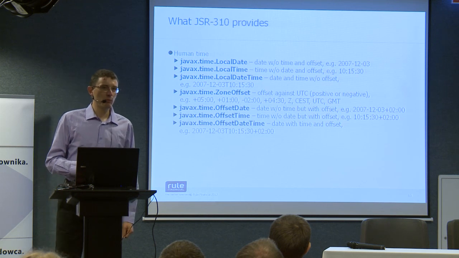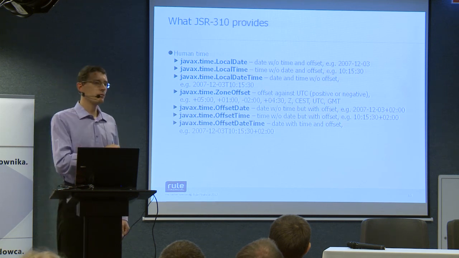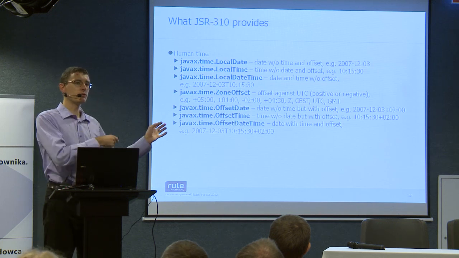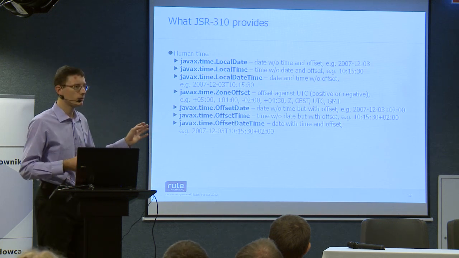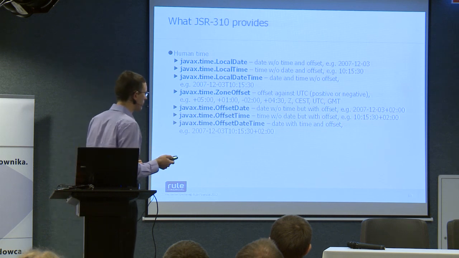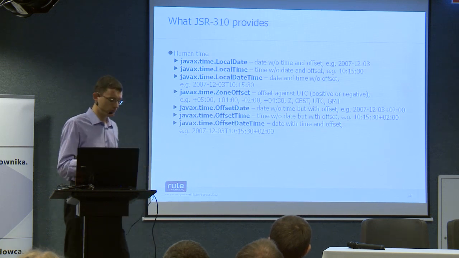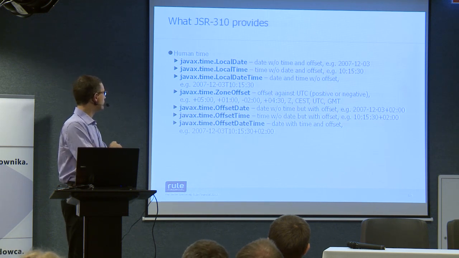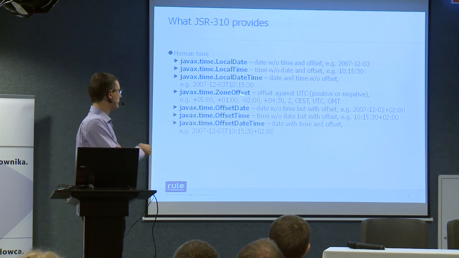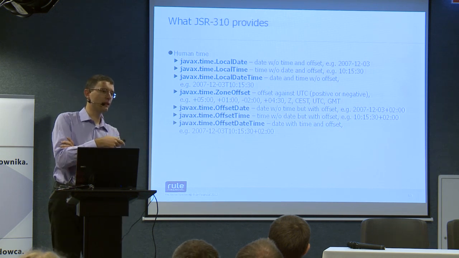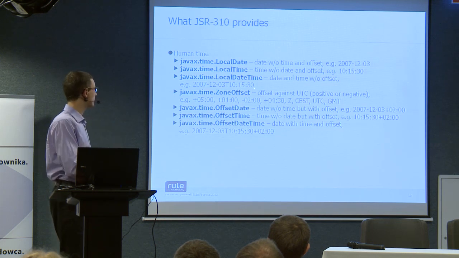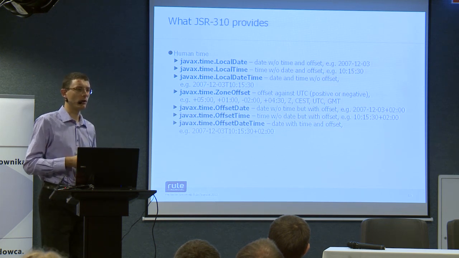Can you transform those objects into an Instant, into machine time? You cannot, because there is some information missing. This date and time happened at a different moment in different countries, because different countries use different offsets.